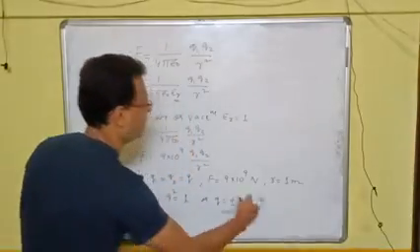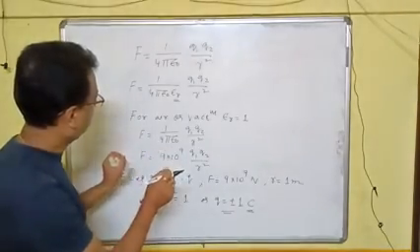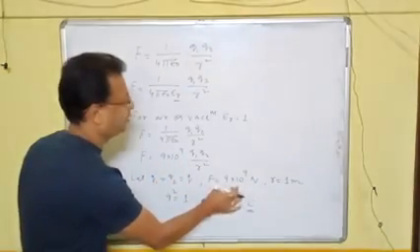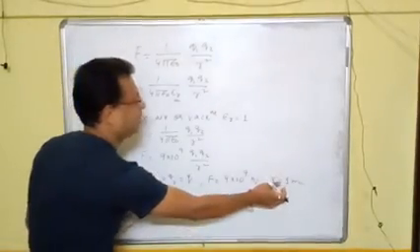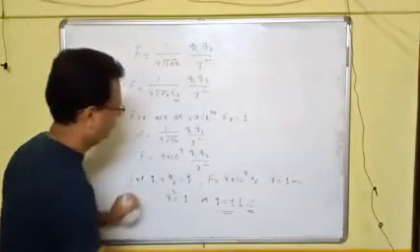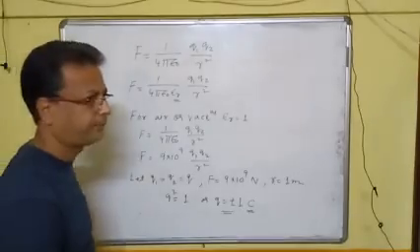If you want to say this is 1 coulomb of charge, then the force of repulsion between these two charges must be equal to 9 into 10 to the power of 9, and the distance between them will be 1 meter. If this is the case, then we can define 1 coulomb of charge.